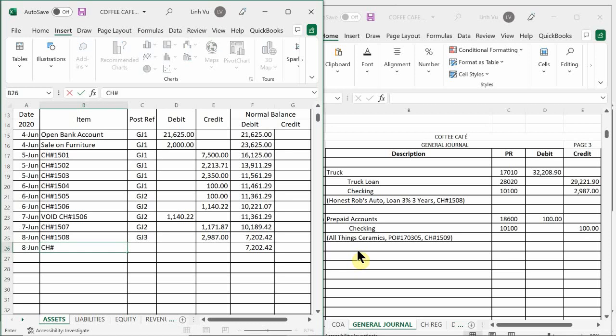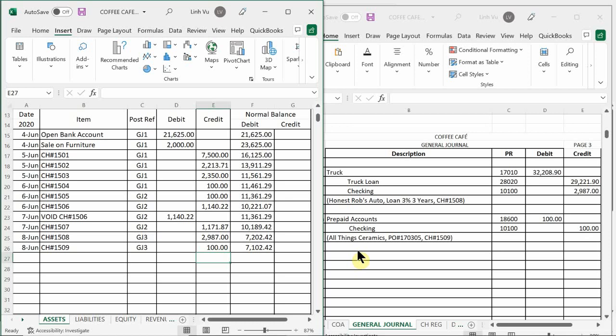Check number 1509. Okay, General Journal 3, and that's going to decrease my account by $100. So here I'm at 7102.42. Okay.